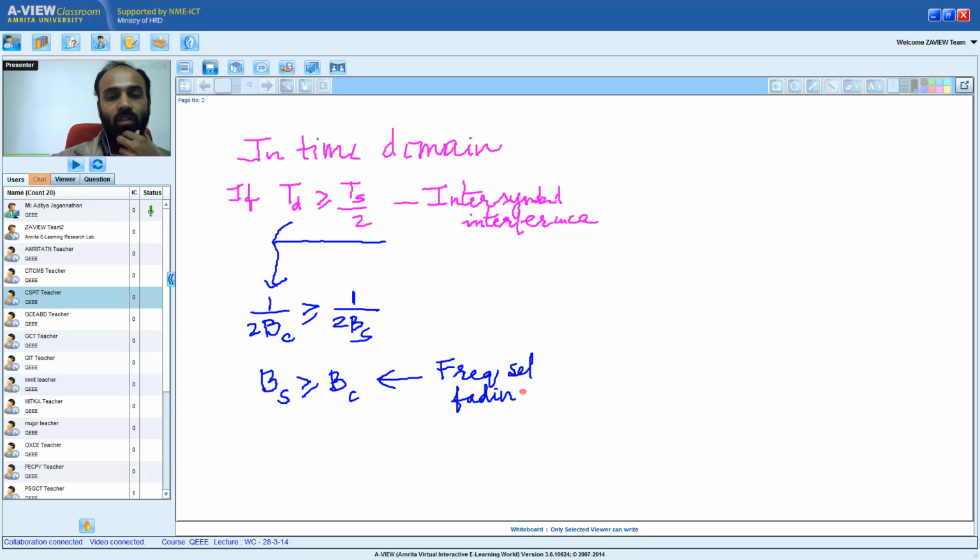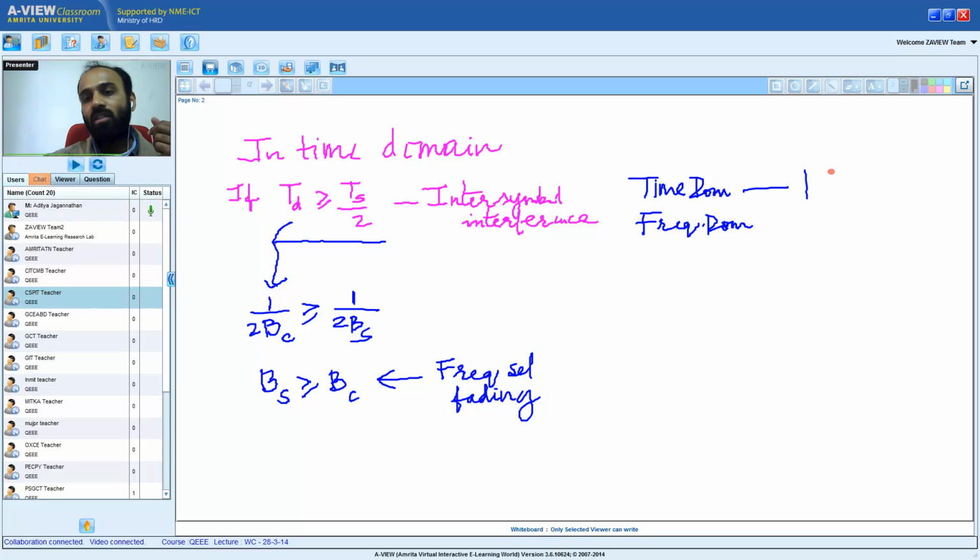Is everyone able to follow this argument? What you are saying is, if there is intersymbol interference, it corresponds to basically the same condition as frequency selective fading. So frequency selective fading basically implies intersymbol interference in the time domain. So there are two ways to look at it. One is the time domain, the other is the frequency domain.